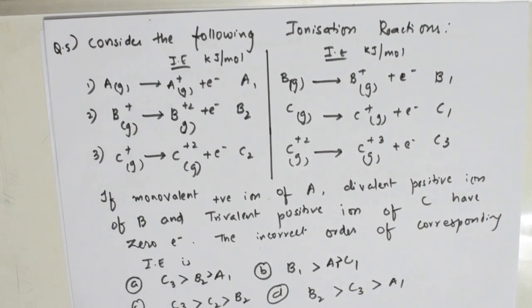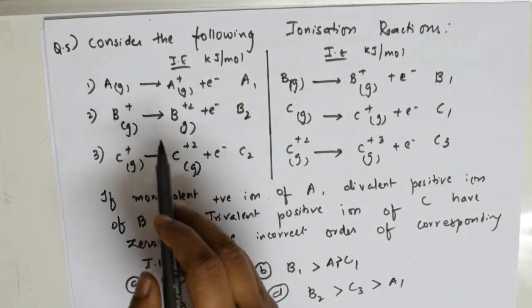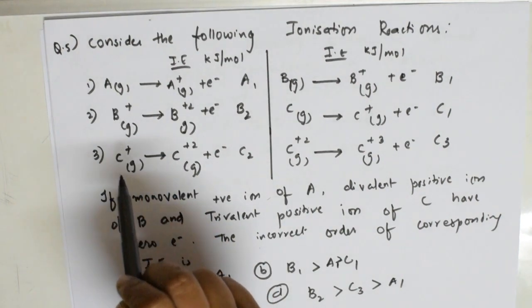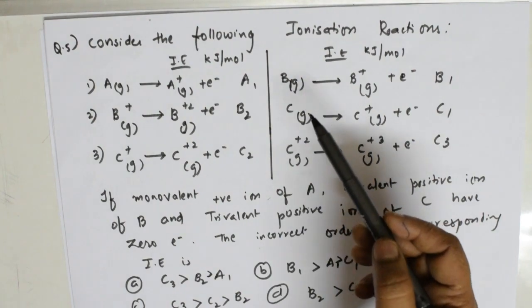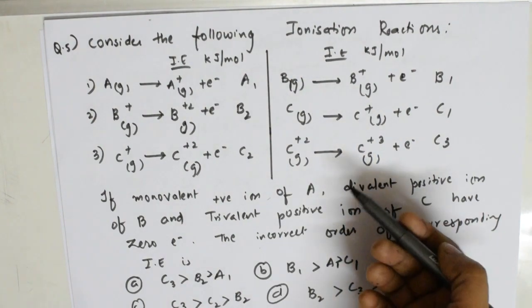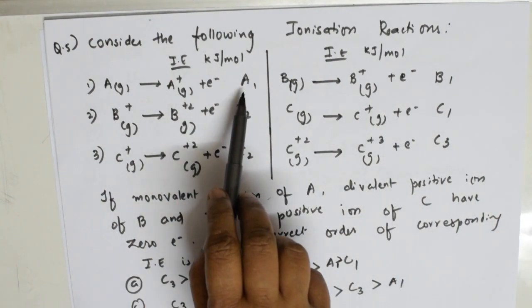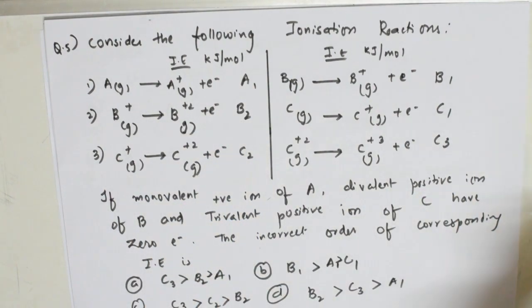Let us read. They have given me, consider the following reactions. Okay, so the following reactions are given to me, and here what did they give? There is one element A, B and C. Here also they have given B, C and C, no problem. But what did they do? This, they have given this as A1, B2 and C2, right?